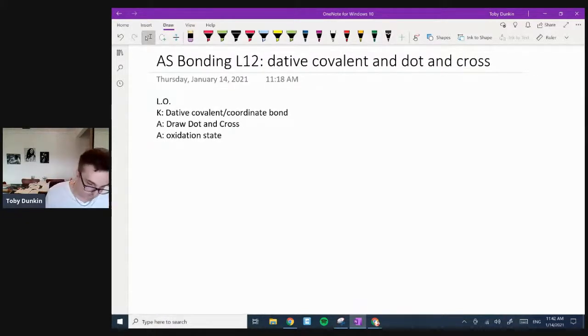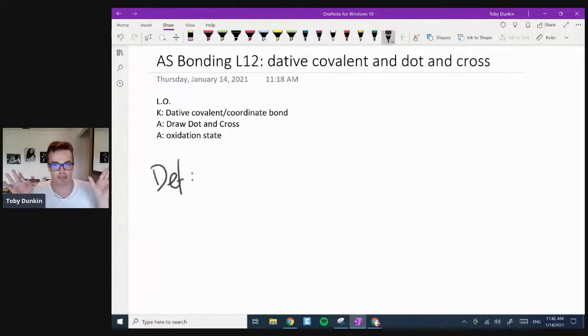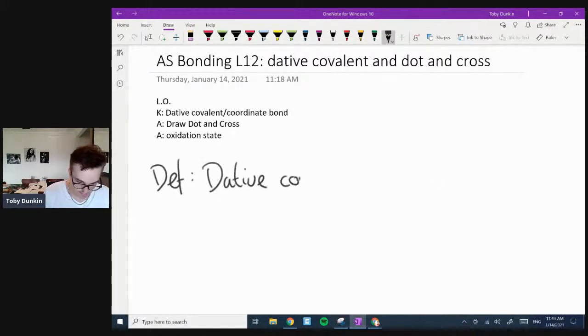So first of all, we need to give a definition. There are two words for this, and you may use either one, whichever you prefer. I prefer dative covalent because it reminds me that it's a covalent bond, but you can do either. So I'll put dative covalent bond, and underneath it, otherwise known as a coordinate bond.